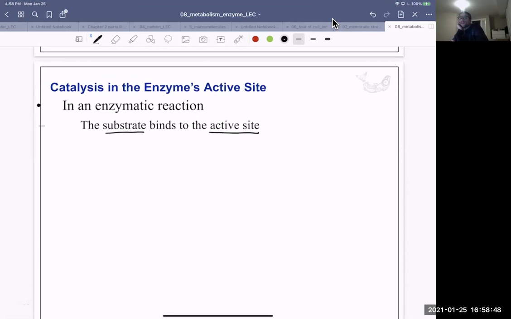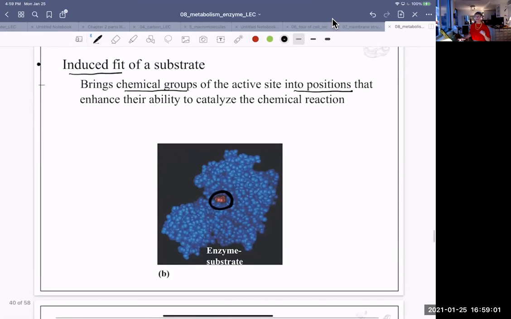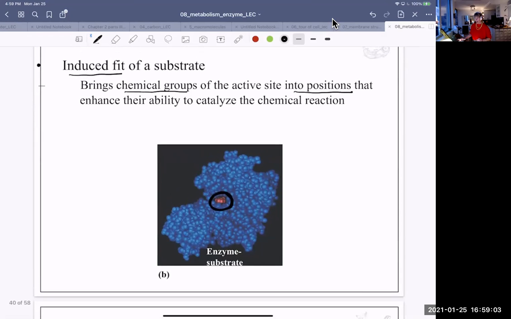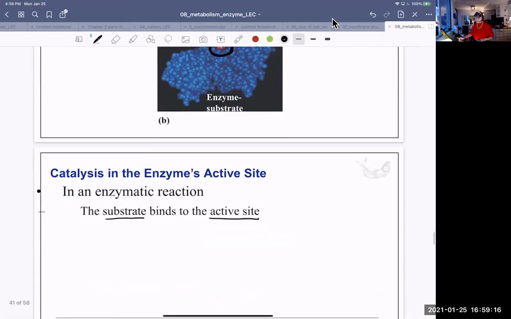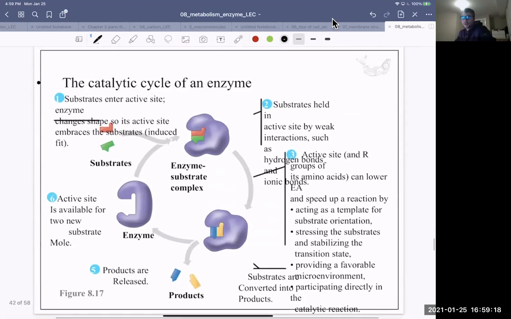Is there a difference, though, between the enzymatic reaction and the induced fit of a substrate? So that's the action of fitting into the active site, right? Yes, but that's not the reaction that's going to occur. The settling in the active site has to happen first before a reaction occurs. Oh, so it's a series of events. Yeah, it is a series of events for sure. Good question. Thank you.